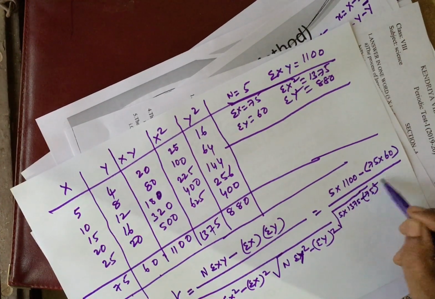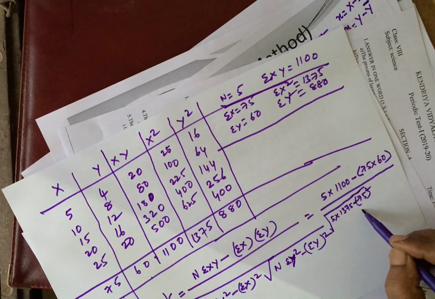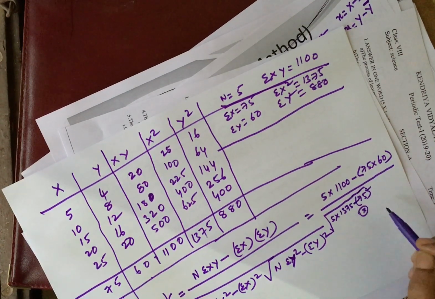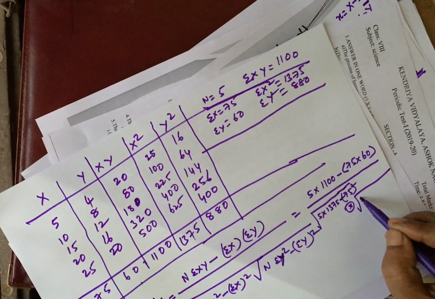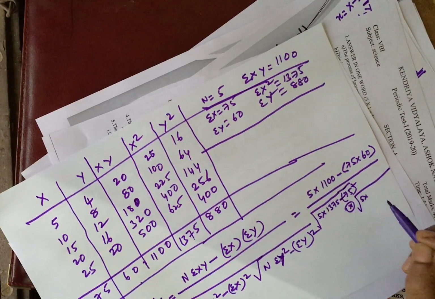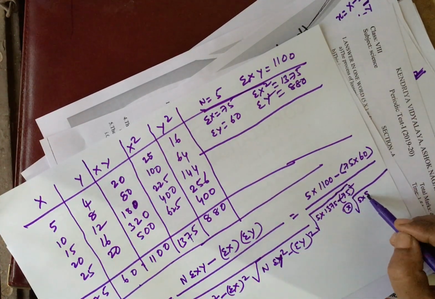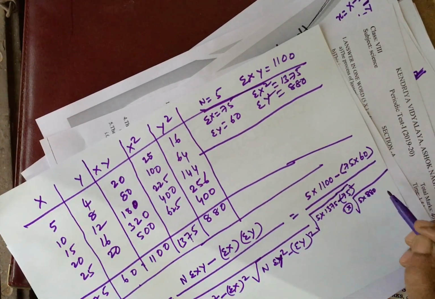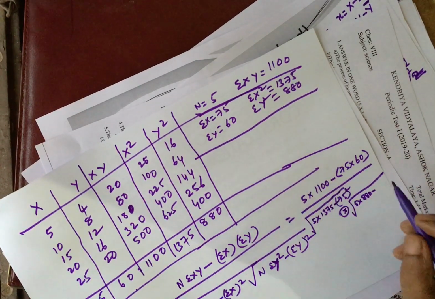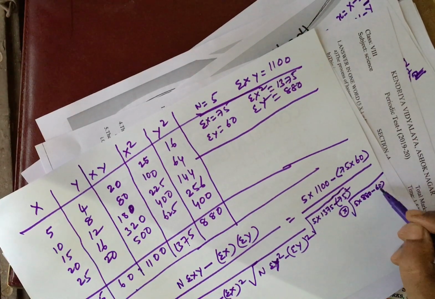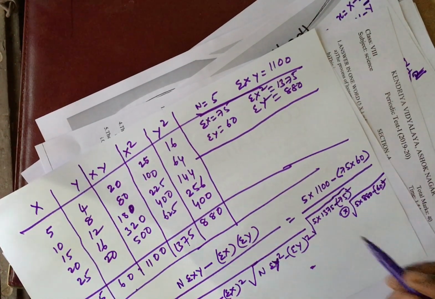The same way, in between, into, then root again, 5 into sigma y square, which is 880, minus sigma y 60 square.